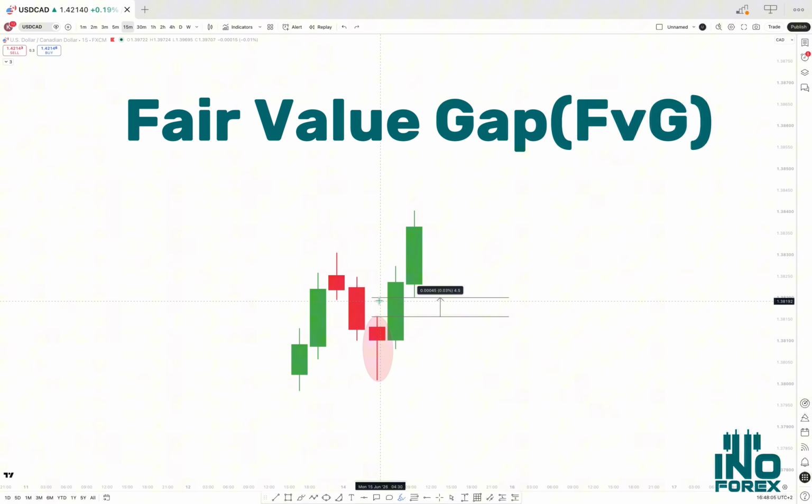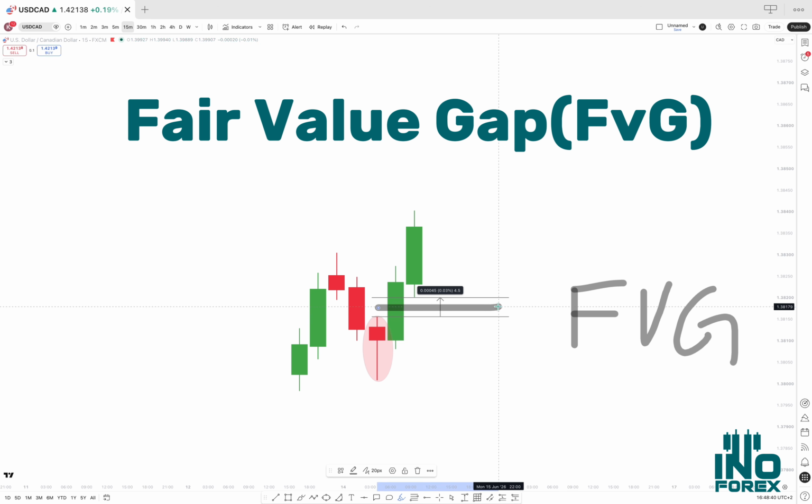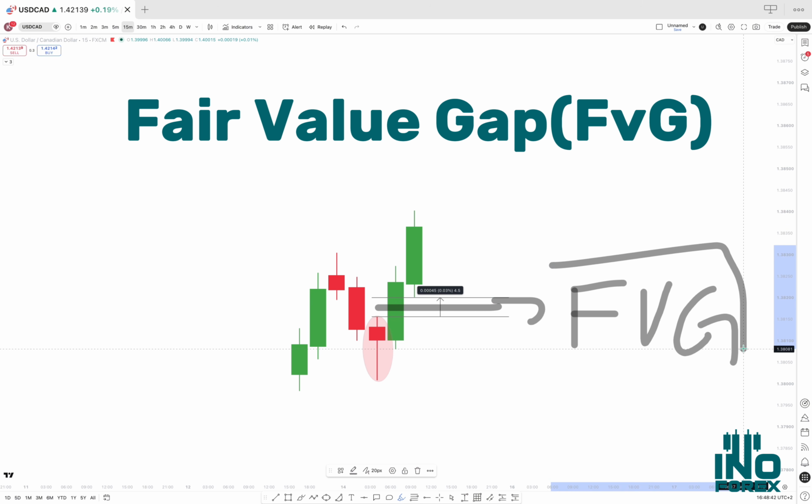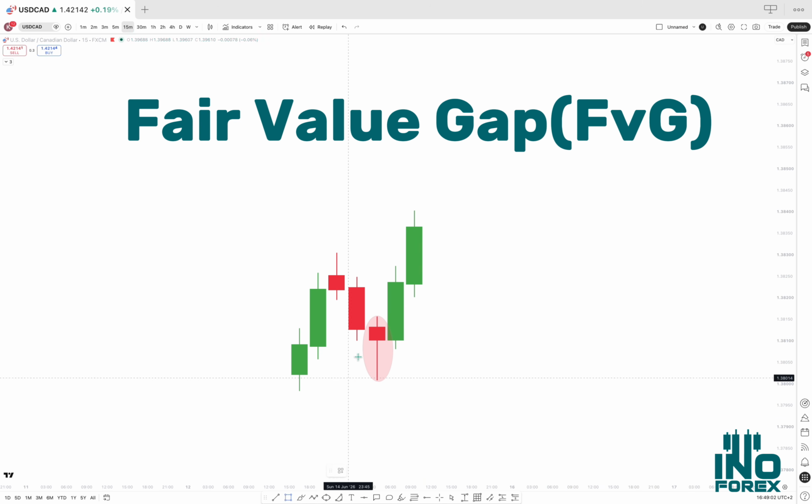So the fair value gap is the space between the high of the first candlestick and the low of the third candlestick. This space called fair value gap. So our order block, as you see, has a fair value gap because there is a space between this candlestick and the third candlestick. So this space is a fair value gap.